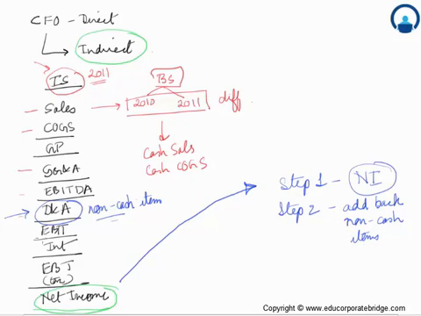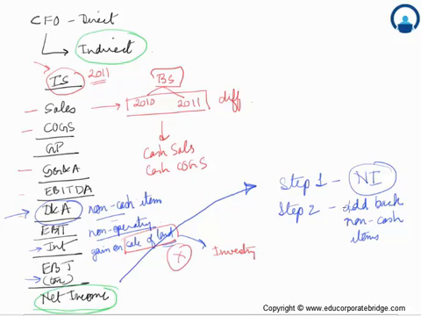Now in addition to depreciation and amortization, you will find that there would be certain non-operating items which are included here. Here the interest and the taxes are operating items. However, an example of a non-operating item could be something like gain on sale of land. Land is a fixed asset and it needs to be classified as an investing activity. So if the sale of land comes in the income statement, this needs to be removed from the net income.